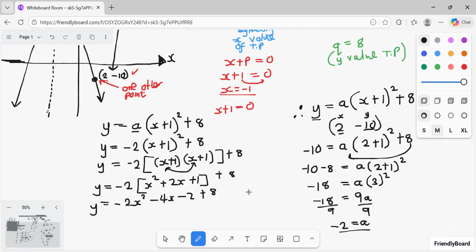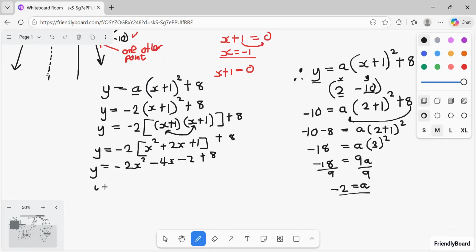Which is going to become y is equal to negative 2x squared minus 4x plus 6. Done. So this is the equation of the parabola.